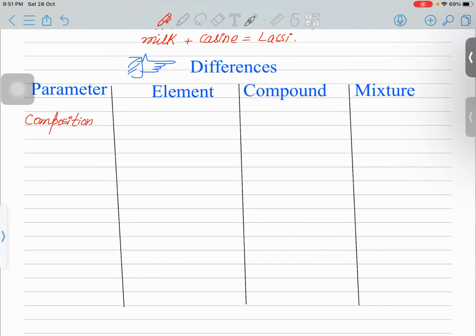So first is composition. Can you tell me the composition of these?